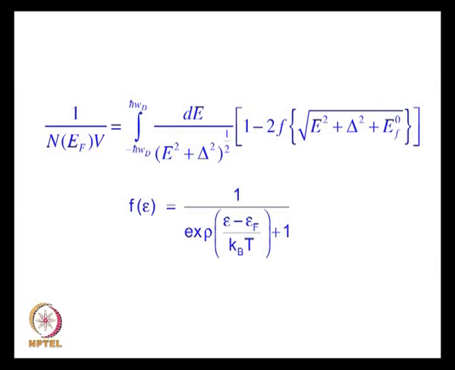So, you get the probability is doubled, and the probability that the state is empty is 1 minus 2 f, and therefore, substituting for this Fermi Dirac function and then calculating this, we can find the temperature T c.